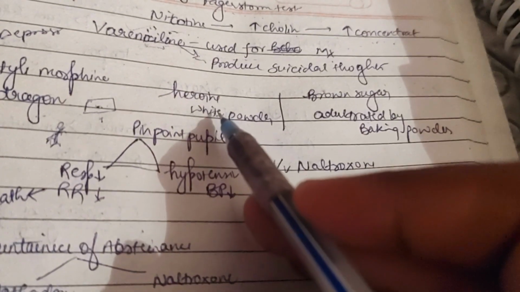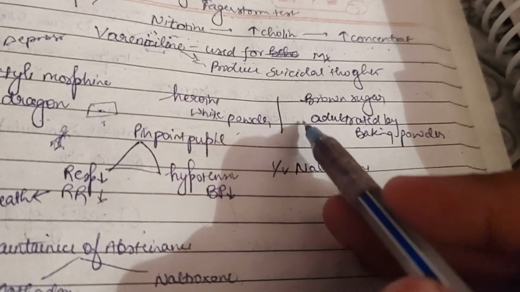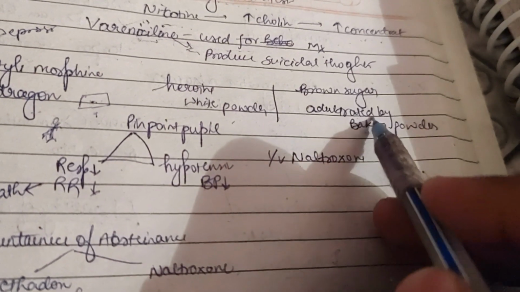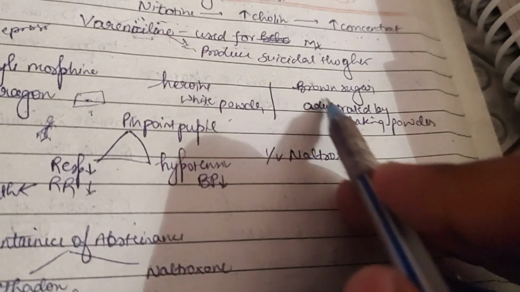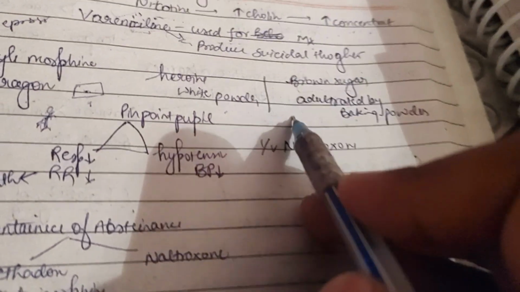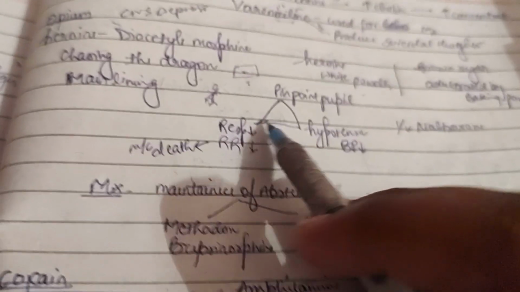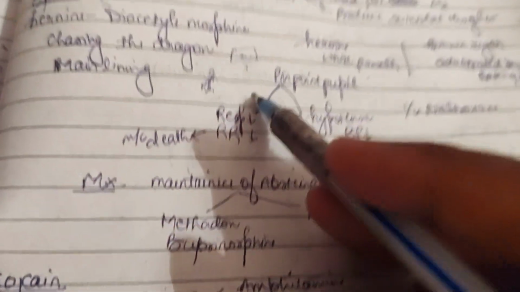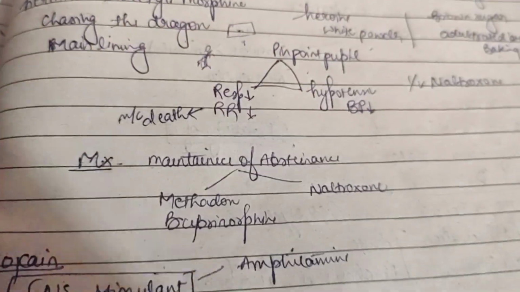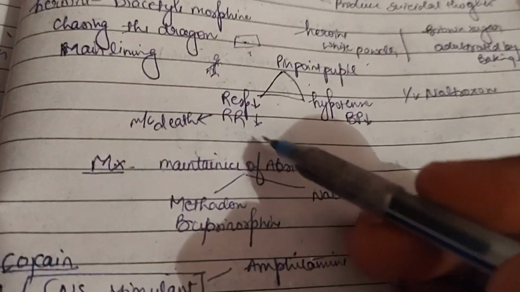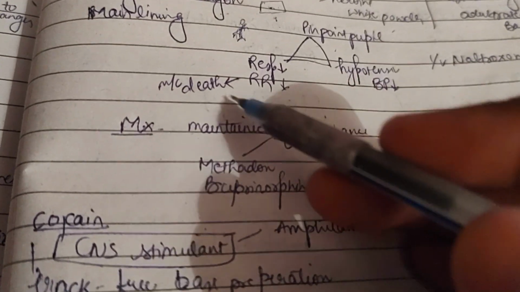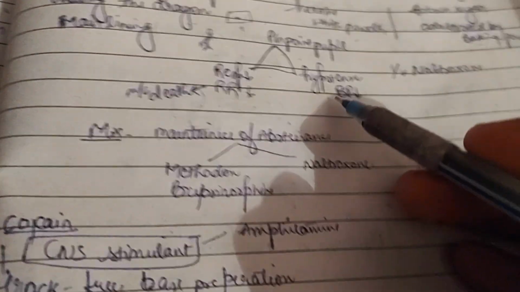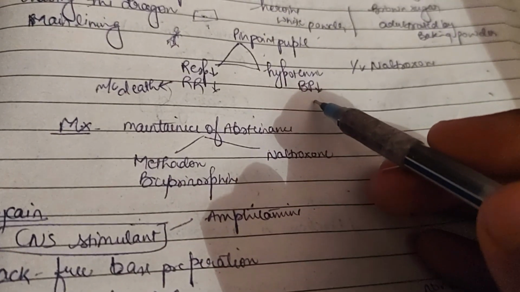Heroin in pure form is a white powder. If adulterated by baking powder or some other chalk powder, it gets a brownish color, so it is called brown sugar. The most common triad seen in opioid poisoning is pinpoint pupil, decreased respiratory rate, which is the most common cause of death, and hypotension.